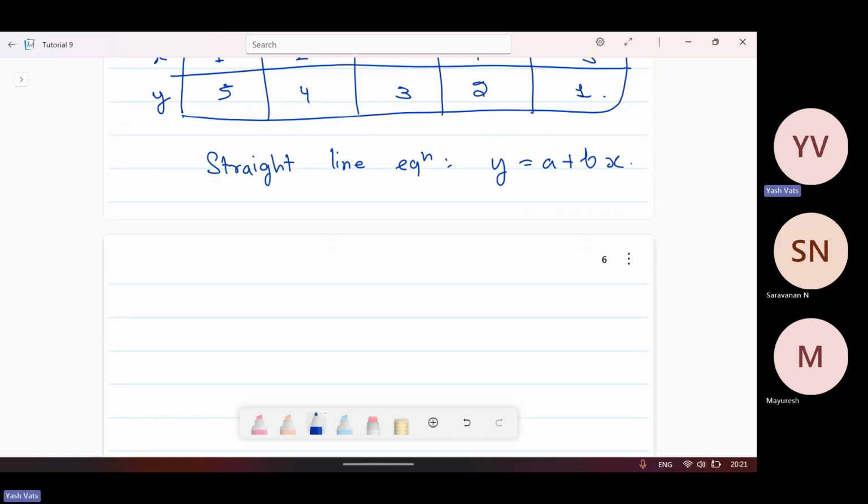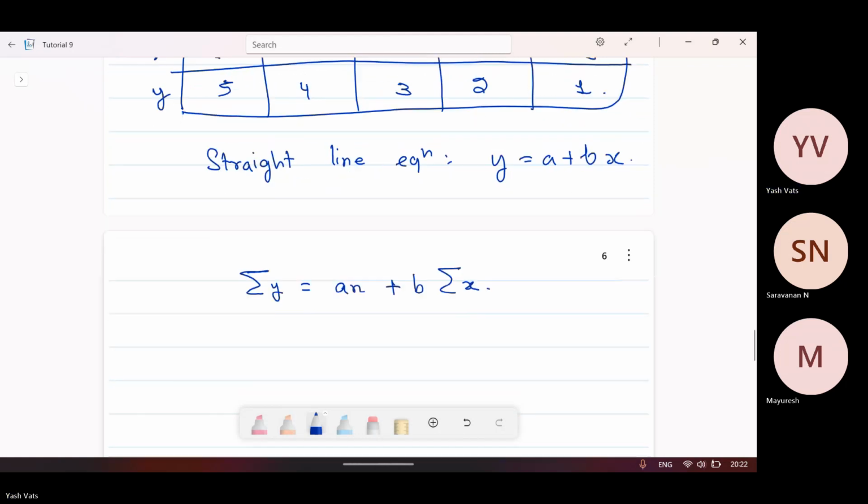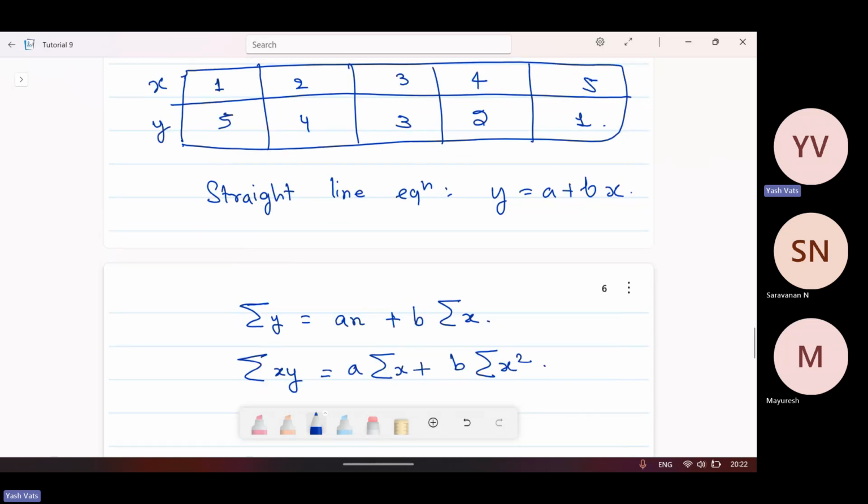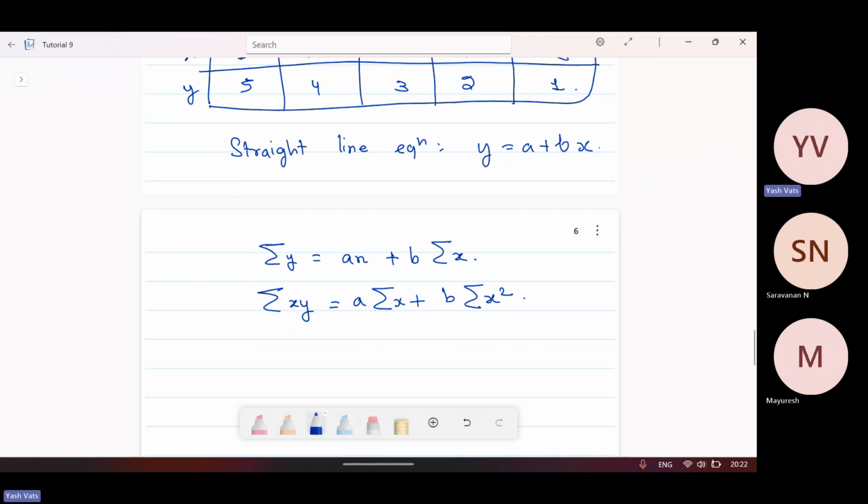We sum this y and use these equations: summation y equals n a plus b summation x, and summation xy equals a summation x plus b summation x squared, for this type of data.